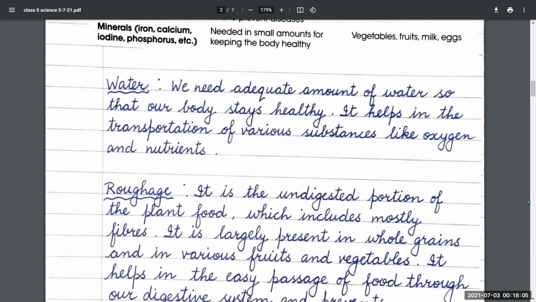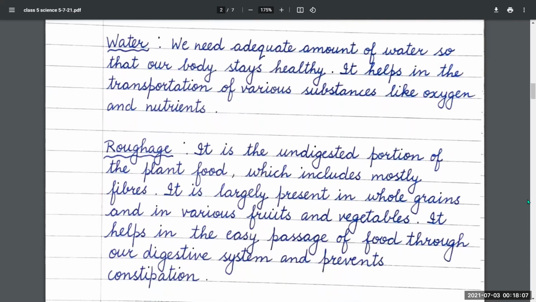Once again, we need adequate amount of water so that our body stays healthy. It helps in the transportation of various substances like oxygen and nutrients.